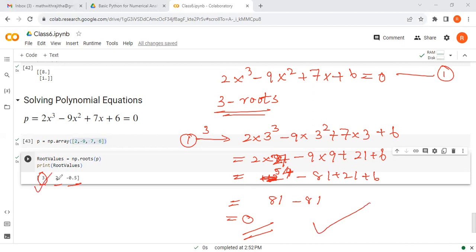So 3 is correct. You can check if it is satisfying for 2 and for negative 0.5. So that's fine. Now we know how to get the roots.